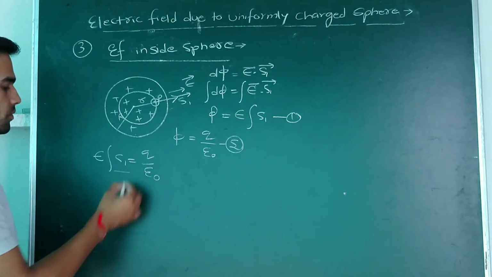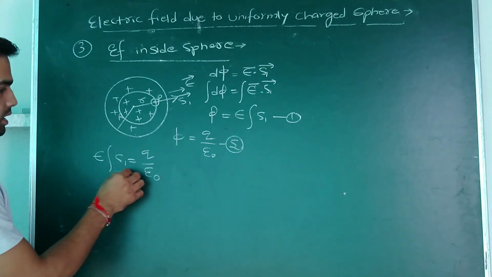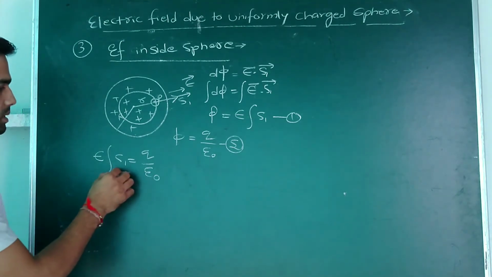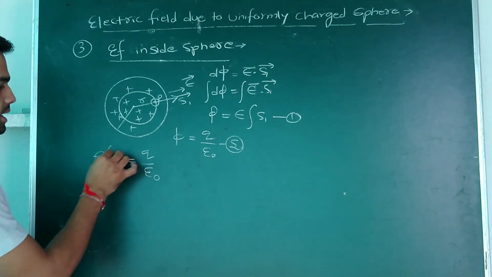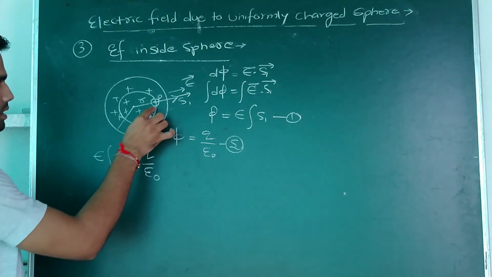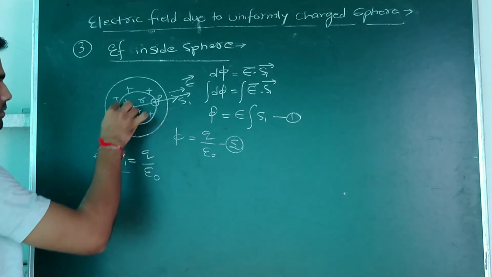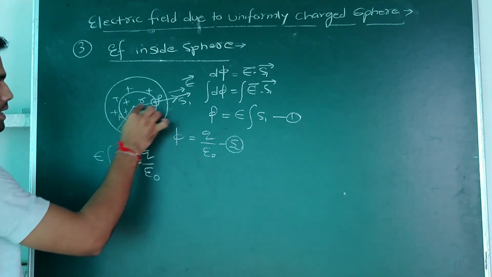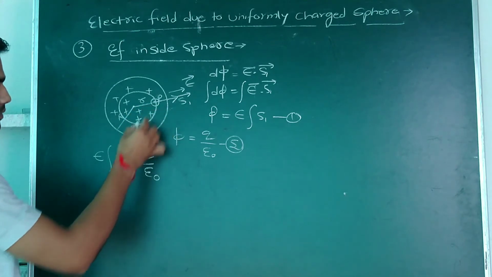What will be the value of integration of S1? Here the integration of S1 represents the total surface area of the Gaussian surface, and the total surface area of the Gaussian surface is 4 pi small r square, because the radius of the Gaussian surface is small r.